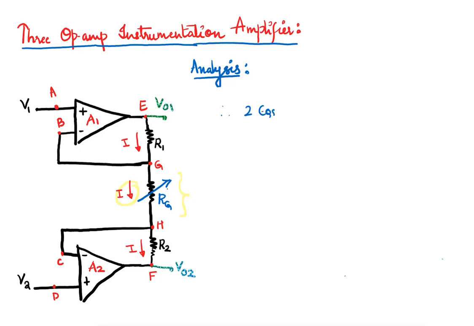So using the two equations, what we see is that the current I was denoted in two different ways. One wherein V out 1 minus V out 2 divided by 2 times R1 plus Rg was there. And another equation wherein I was equal to V1 minus V2 divided by Rg.